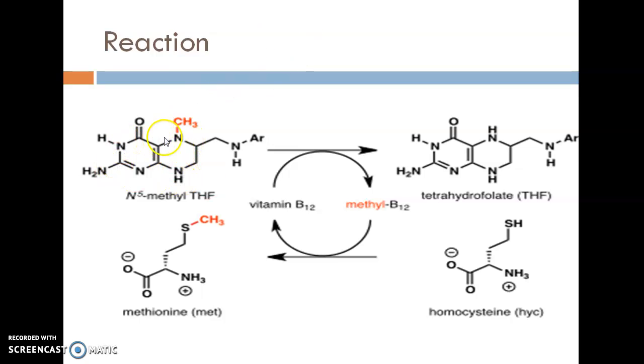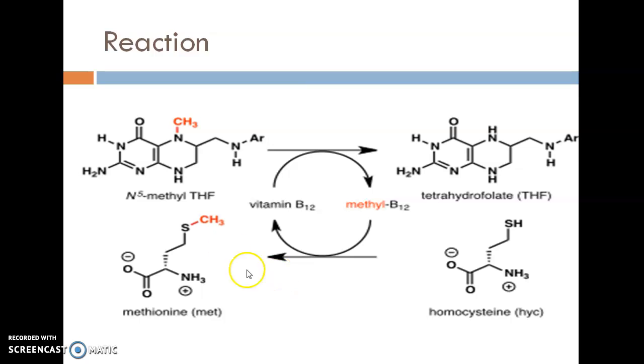Now this is the tetrahydrofolate. This, along with vitamin B12, which is also a vitamin, forms tetrahydrofolate. This tetrahydrofolate has a major role in the conversion of homocysteine to methionine.